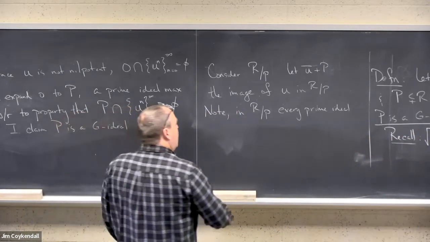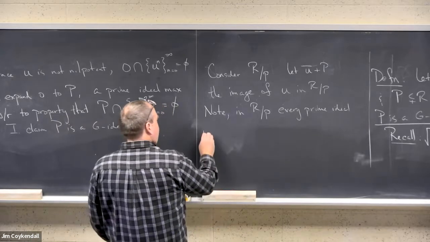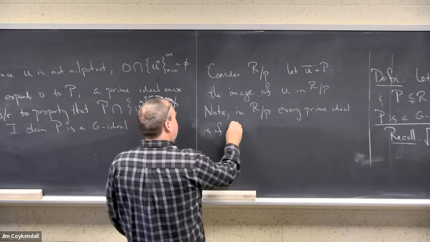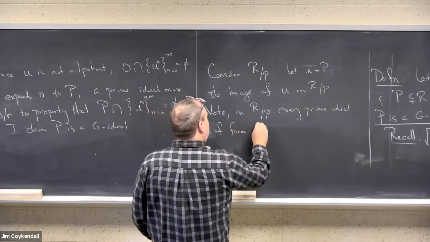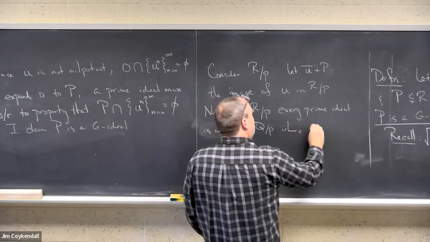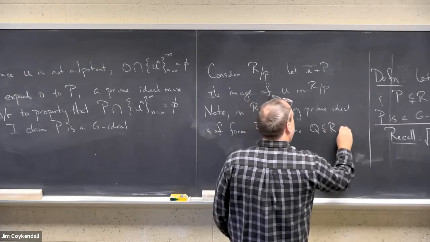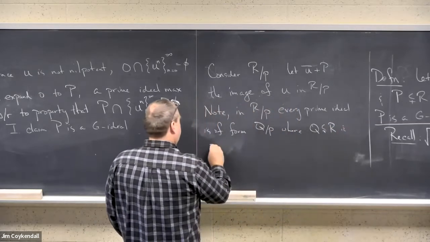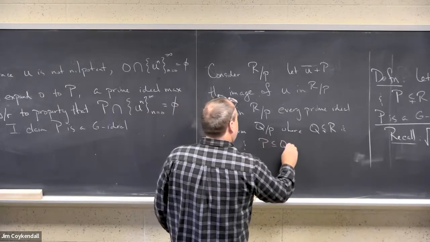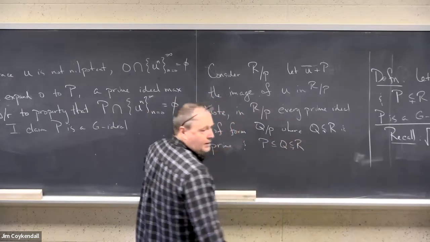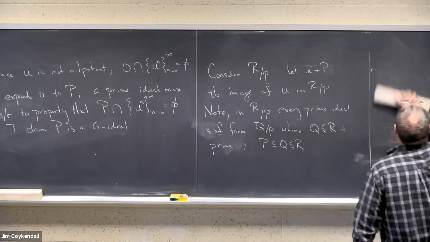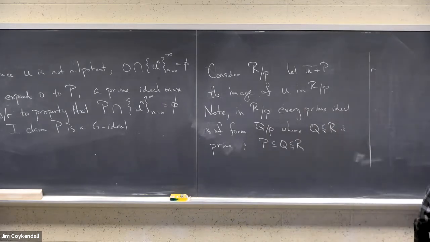I'm going to break it down a little bit more than that. Is of the form Q mod P, where Q in R is prime, and, but by maximality of P.